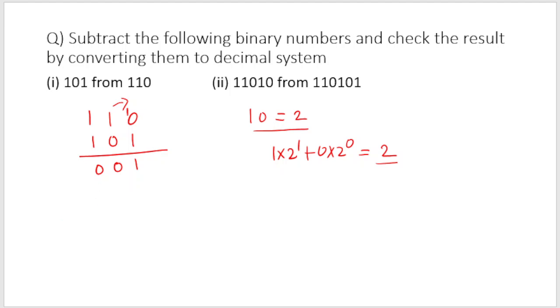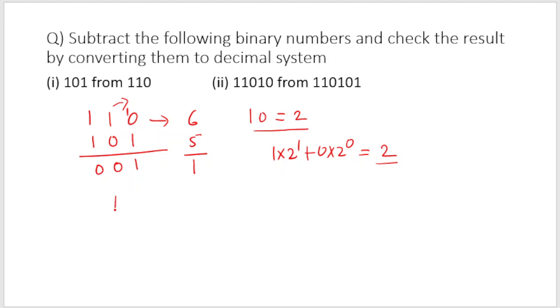If you want to verify this using the decimal system, what is 110? 110 is 2 to the power 2, so 4, plus 2, which is 6. And 101 is 2 to the power 2, 4, plus 1 into 2 to the power 0, so it is 5. So 6 minus 5 is equal to 1.